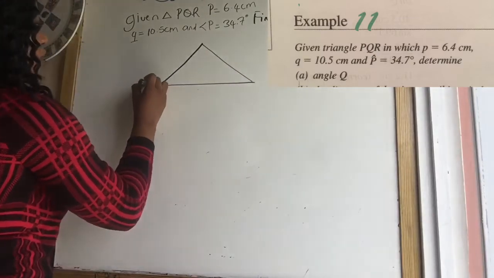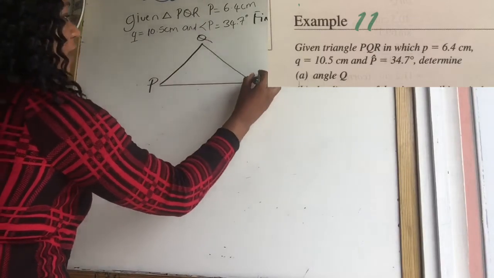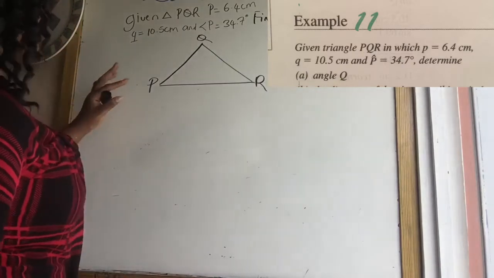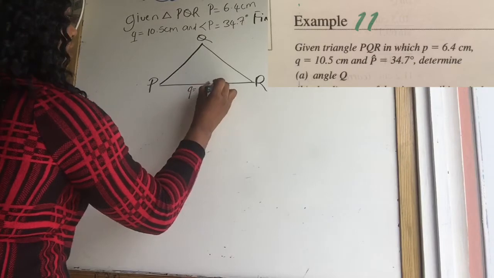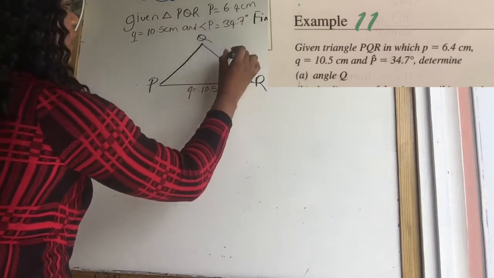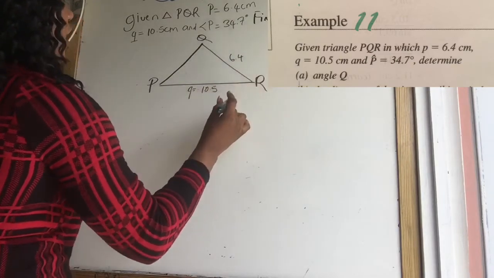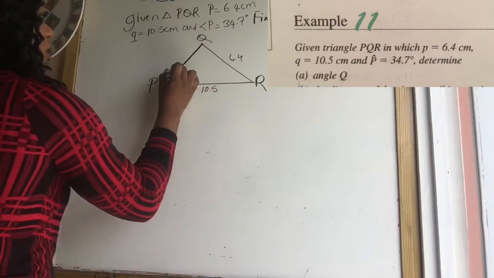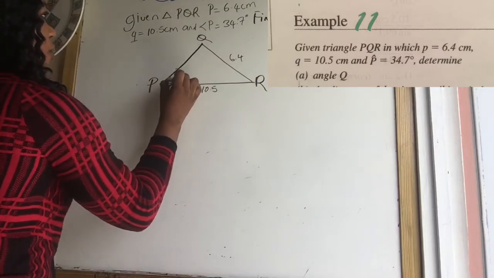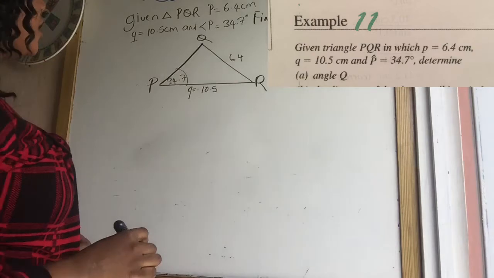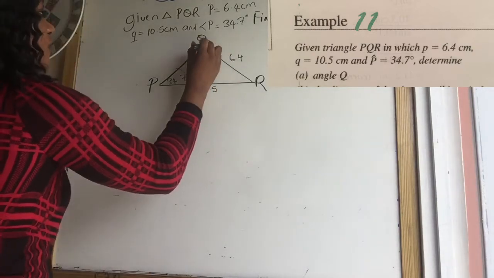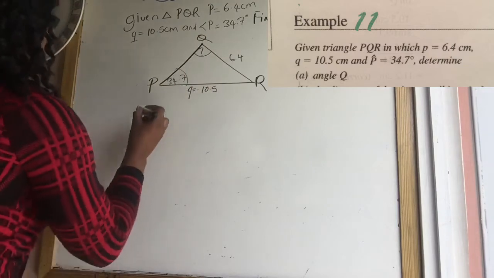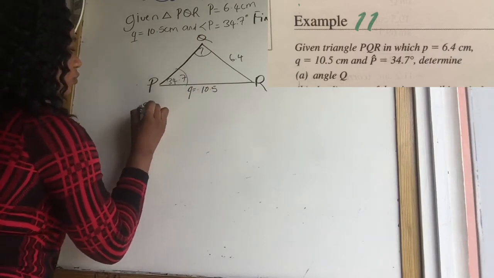So this is my P, my Q, and my R. And it tells us that q is equal to 10.5, p is 6.4, and the angle P is 34.7. And they're asking us to find Q. So we're searching for Q.